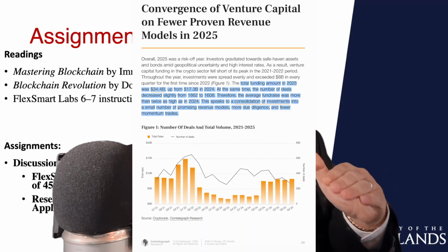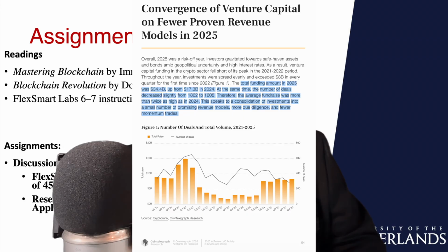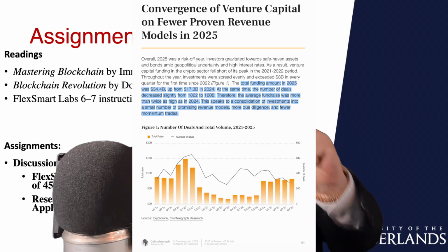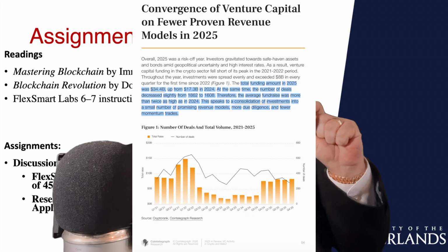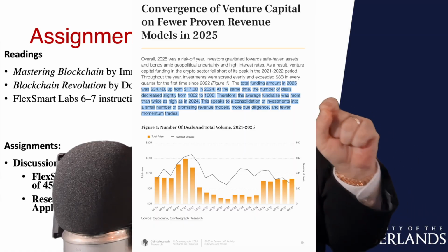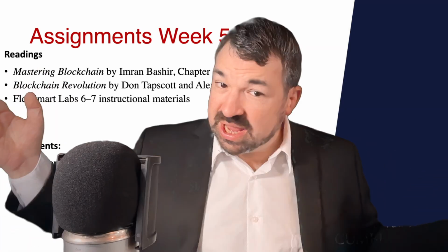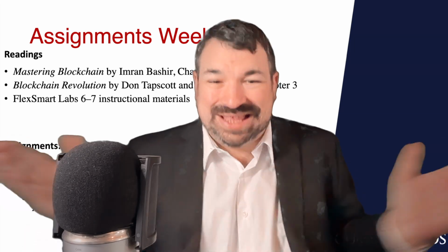So that's a tremendous amount of increase. It's fantastic. But the number of deals went down from 1,862 to 1,608. So there was more capital, great, awesome, in fewer deals.